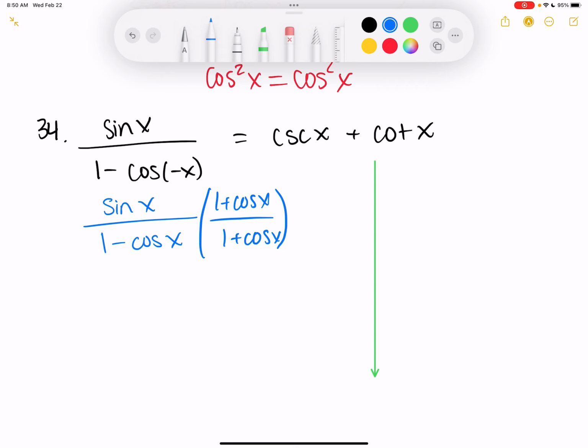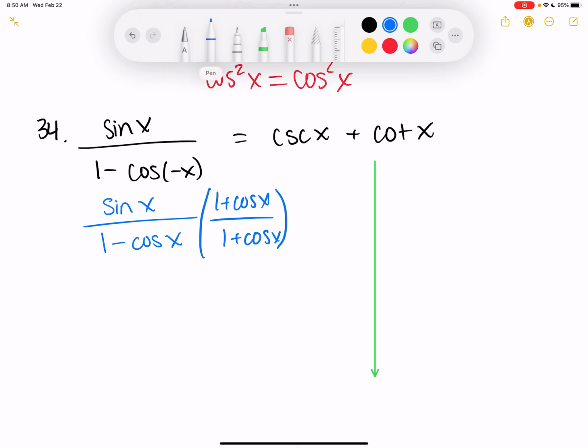So I'm going to leave the top alone. I'm just going to leave that as sine of x times 1 plus cosine of x for the moment. On the bottom, do you remember what special factoring type this is? Like if you had 1 minus x times 1 plus x, it'd be a difference of squares.